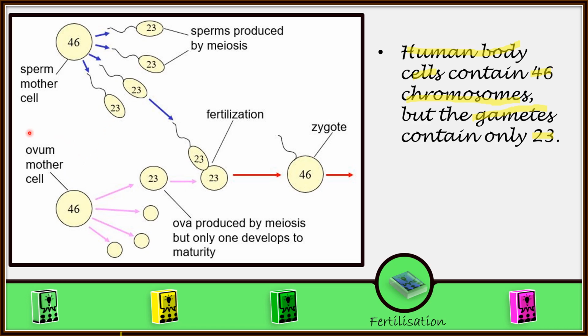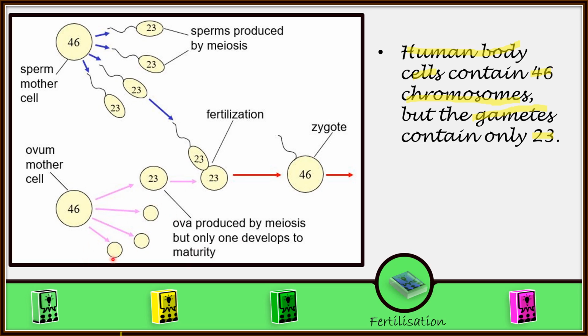Now when you go to the ovum mother cell, it has got 46 chromosomes. So it divides and it produces 4 daughter cells. They are produced by meiosis, but only one of them develops to maturity.